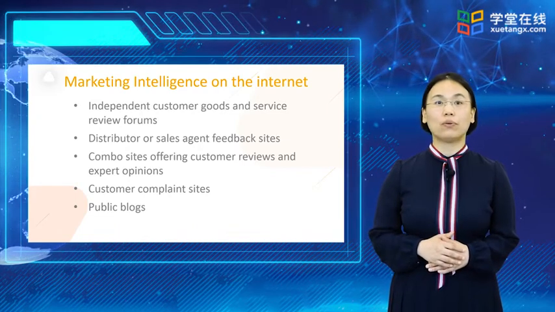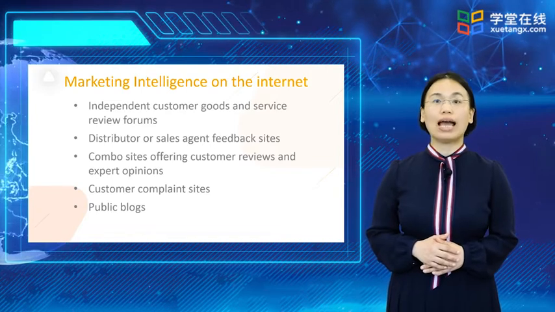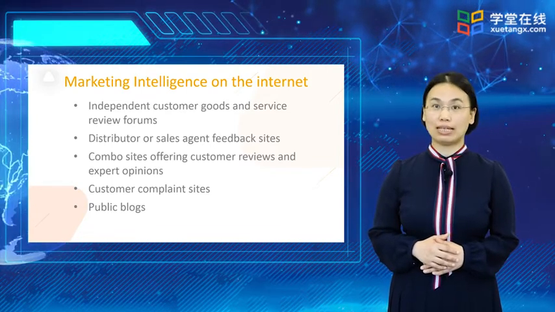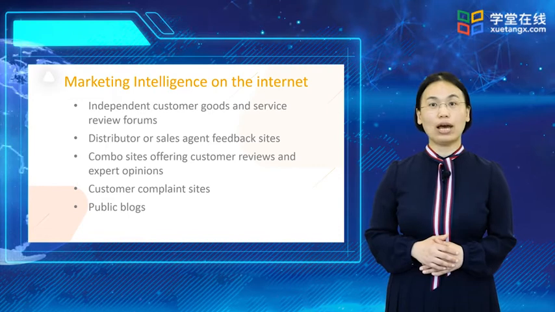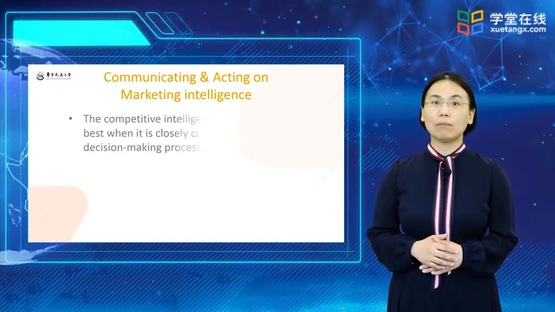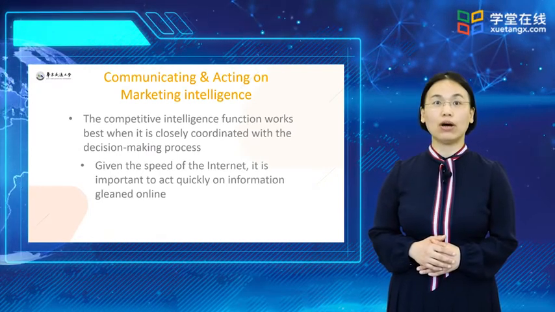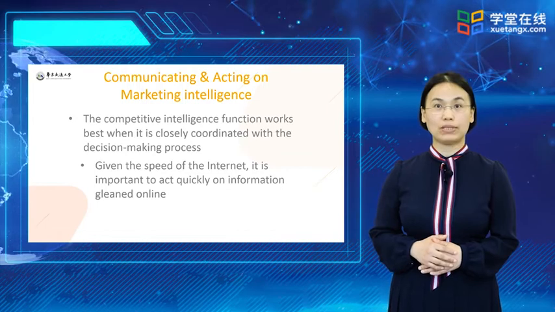Customer service forums linked on a company's homepage are very useful too. Customers often respond faster and provide better answers to other customers than a company could. The competitive intelligence function works best when it is closely coordinated with the decision-making process.